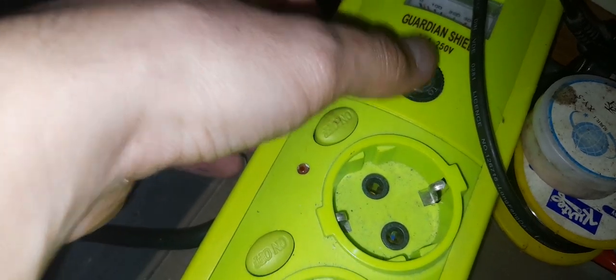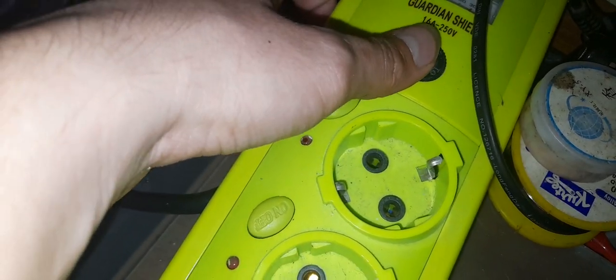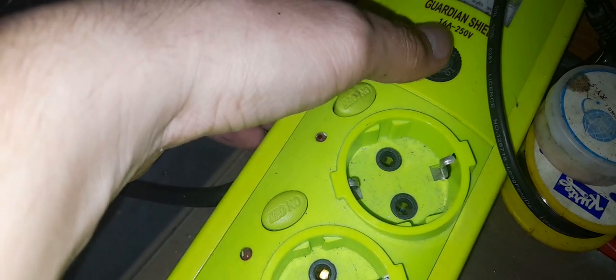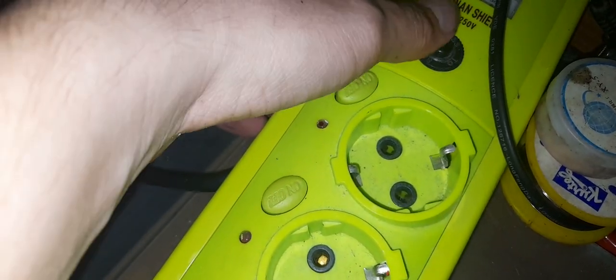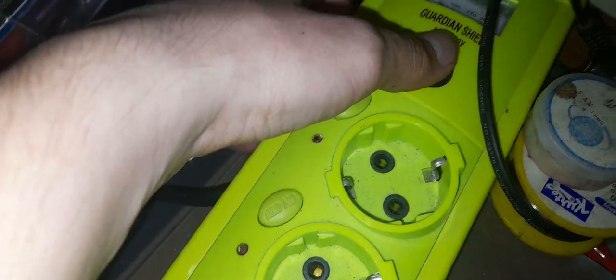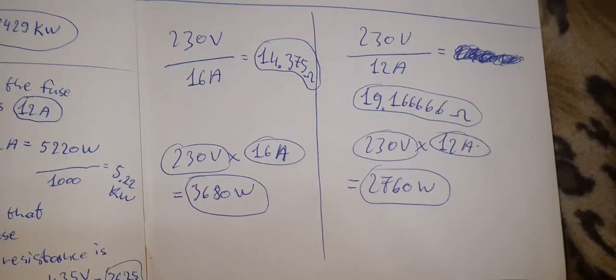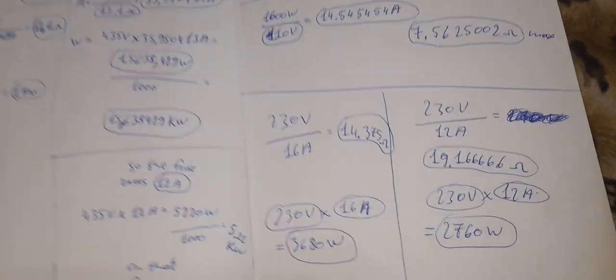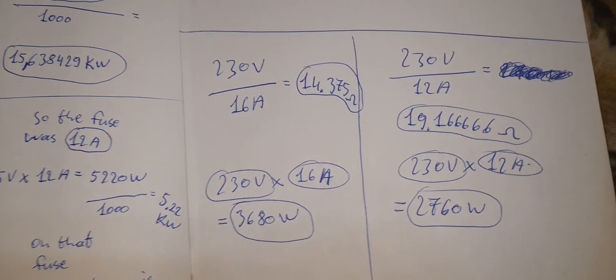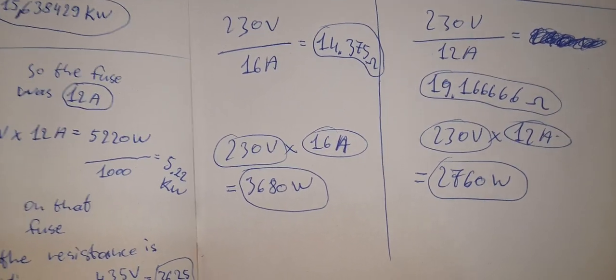So I will calculate how it could be if the fuse was rated higher, and this should operate. Let me calculate. So guys, that's why I told you that it is a messy thing when you work with variacs.